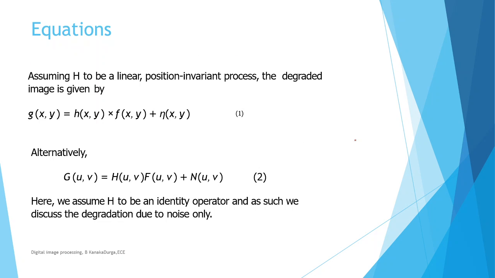So what are the equations in this? We already observed that the degradation function is h of x comma y, and f of x comma y is the original image.